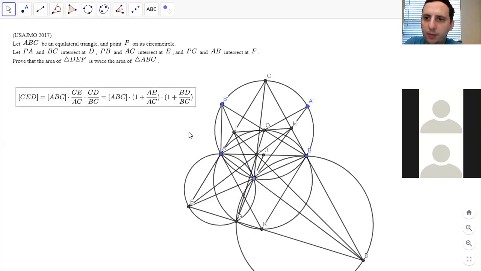So AE over BD, okay, so that's the area of CED, and then maybe we can calculate the area of AFE and BFD.